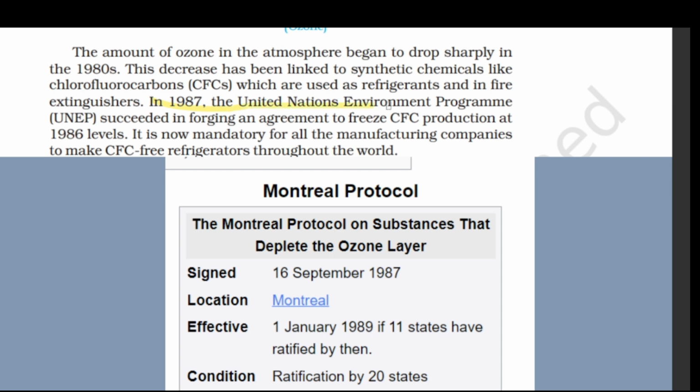So in 1987, this was kind of an agreement among countries that they will not make refrigerators using CFC. This protocol was signed in September 1987, but for when it became effective, in Wikipedia it is given as 1st January 1989. So our answer will be 1st January 1989 or just 1989.